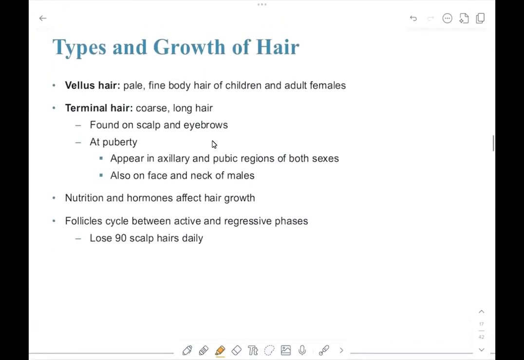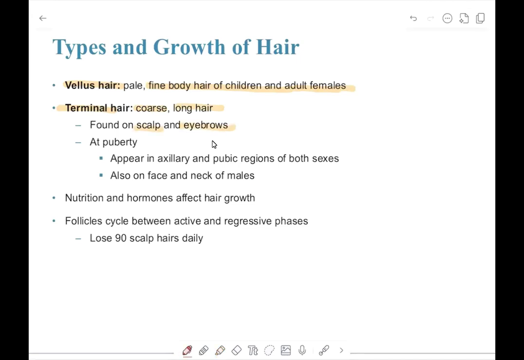And there are a couple of different types of hair that we have. There's what's called vellus hair and terminal hair. Vellus hair is the smooth, fine body hair that's on children and adult females, whereas terminal hair is much more coarse, long hair, and it's found on the scalp and eyebrows.